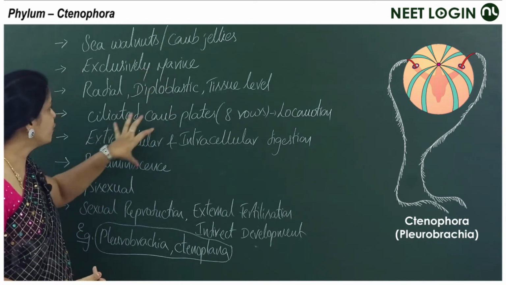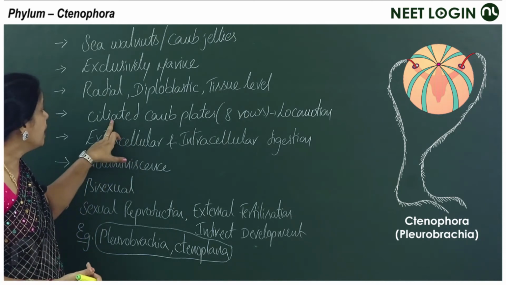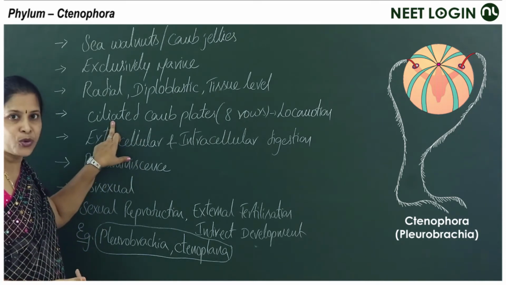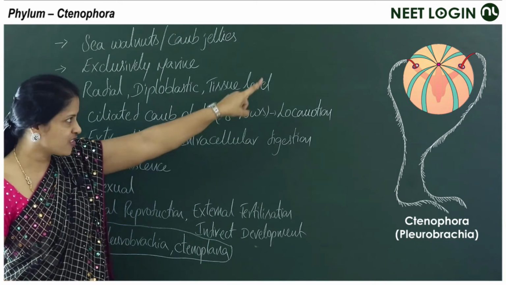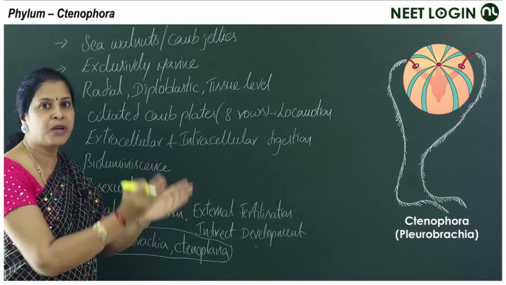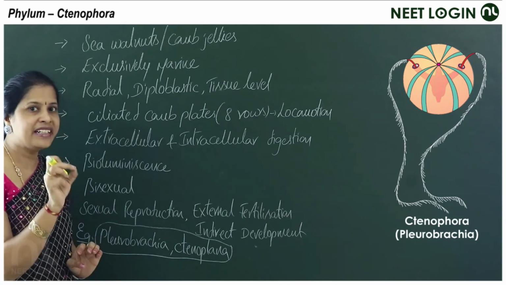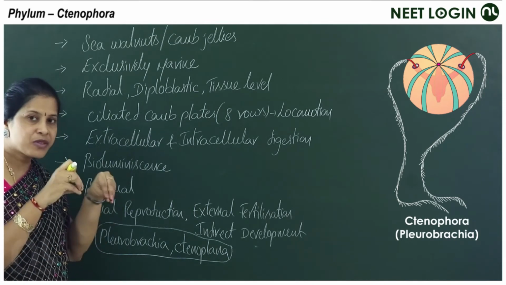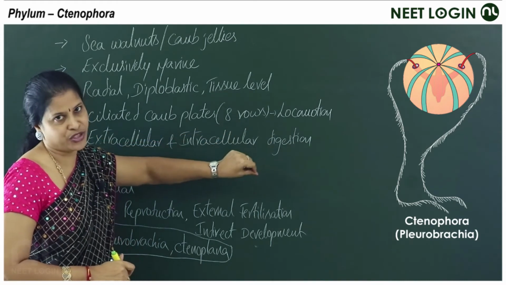And the Ctenophora members have a special feature: they have external 8 rows of ciliated comb plates, and this is the characteristic feature. You can see in the picture, 8 rows of comb-like plates are present. They are externally located ciliated structures. As they possess cilia, obviously they are helpful for locomotion.